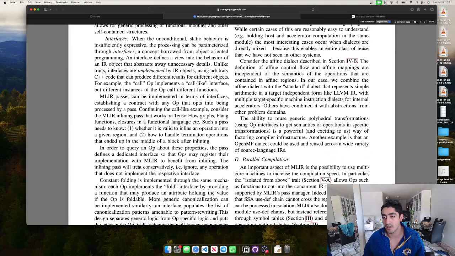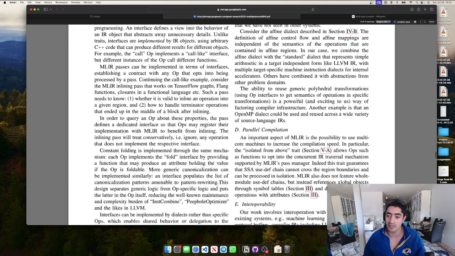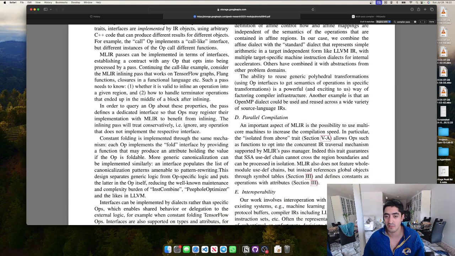Consider the affine dialect described in section 4b. The definition of affine control flow and affine mappings are independent of the semantics of the operations that are contained in affine regions. In our case, we combine the affine dialect with the standard dialect that represents simple arithmetic in a target independent form like LLVM IR. We have multiple target specific machine instruction dialects for internal accelerators. Others have combined it with abstractions from other problem domains.